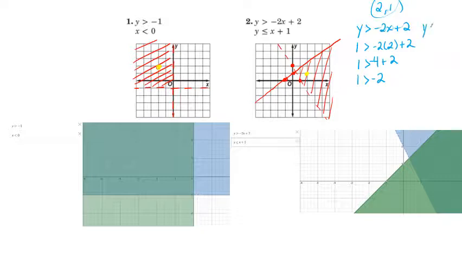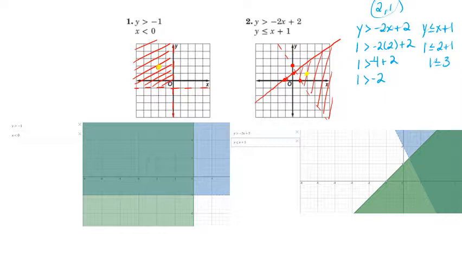And it also works if I put it in the second inequality. So if someone said, list some points that work in both inequalities, you just list points from that shaded region. So again, I'm going to put 1 in for y, 2 in for x, and I get 1 is greater than or equal to 3, which is again a true statement, so that point works in both.